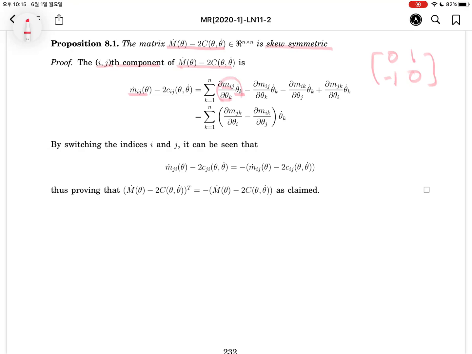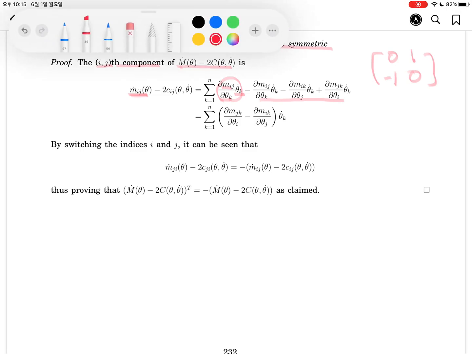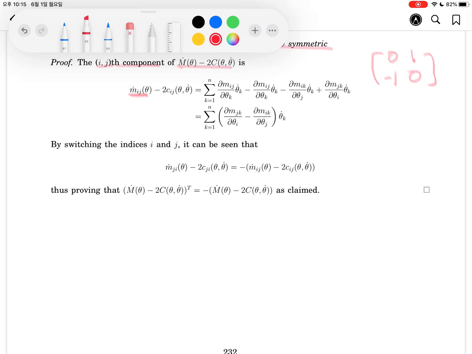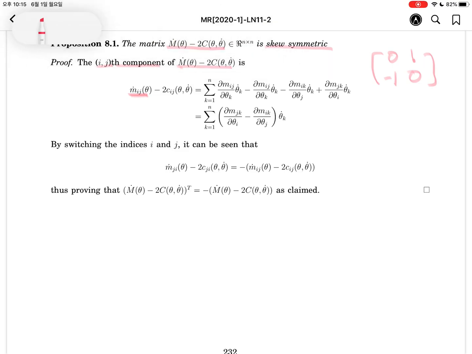So this term corresponds to m dot ij. And then the remaining three terms are derived from the Christoffel symbol. Here, you can see that the first term and the second term are the same as each other.